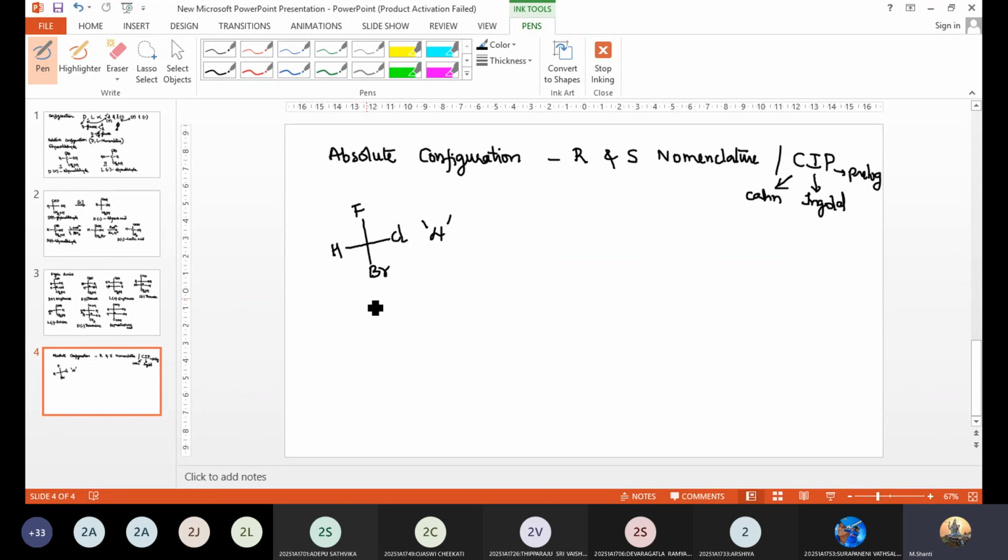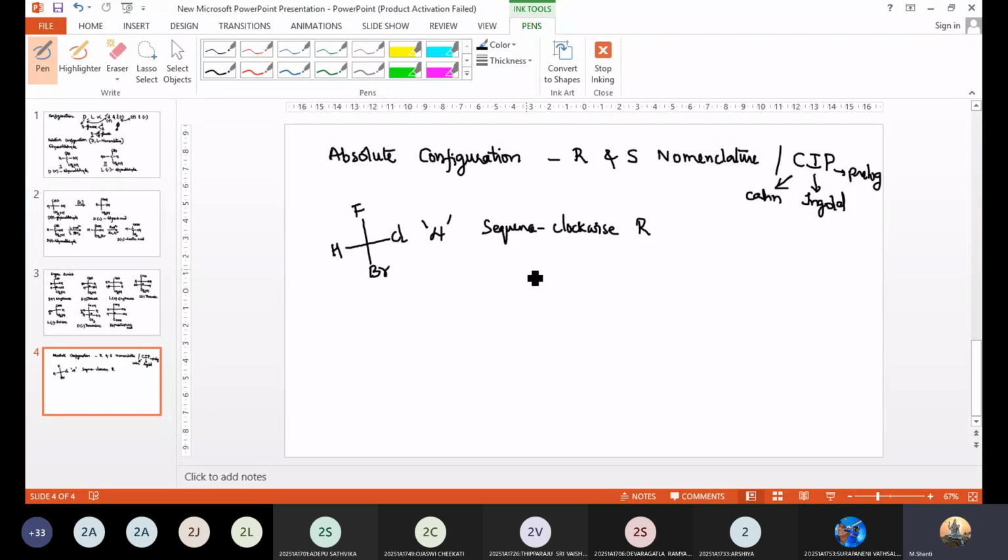Then you have to check the sequence of orientation of these groups. With the help of the sequence rules, you check whether the sequence is clockwise or anti-clockwise. If the sequence is clockwise, you assign R configuration for the molecule.